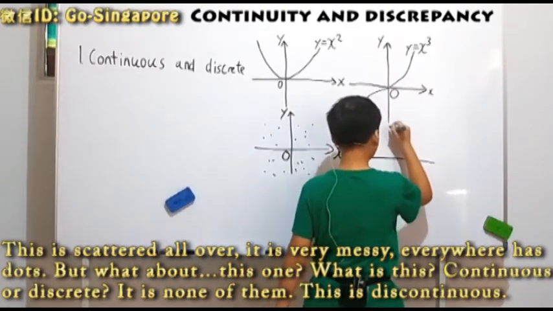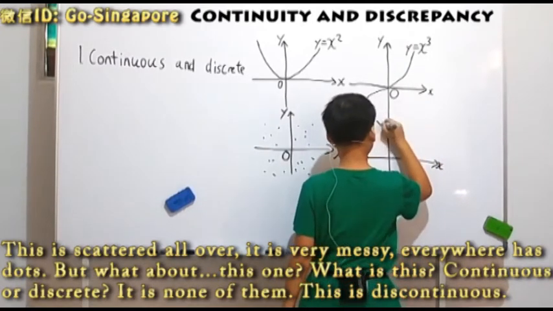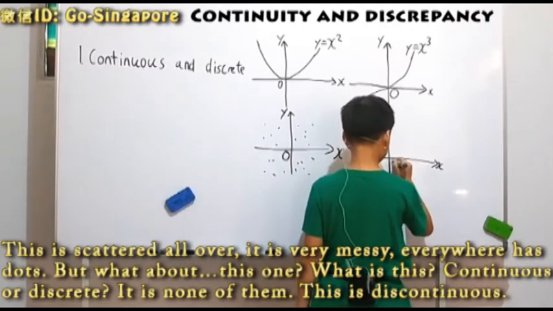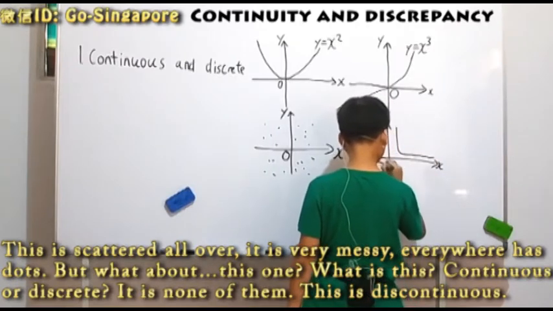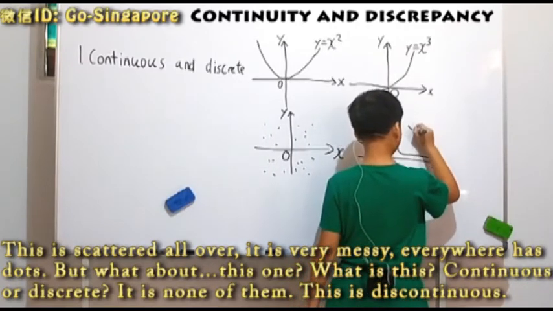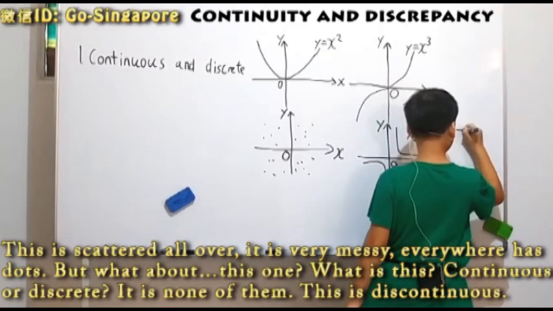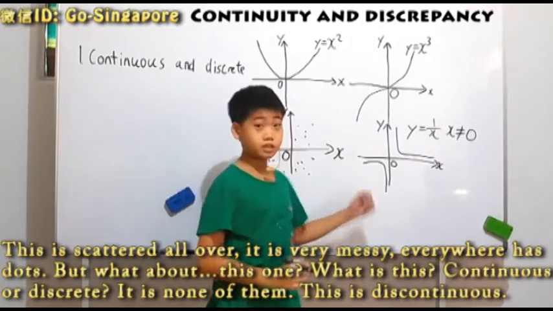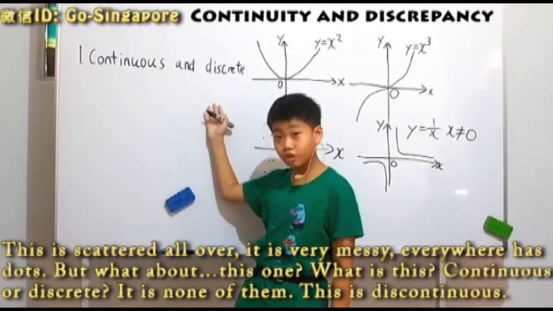But what about this one? What is this? Continuous or discrete?